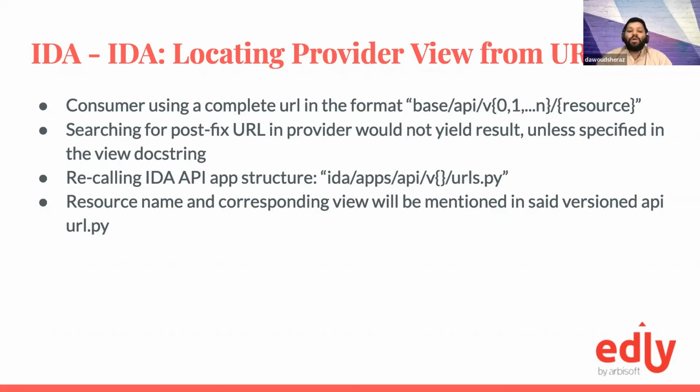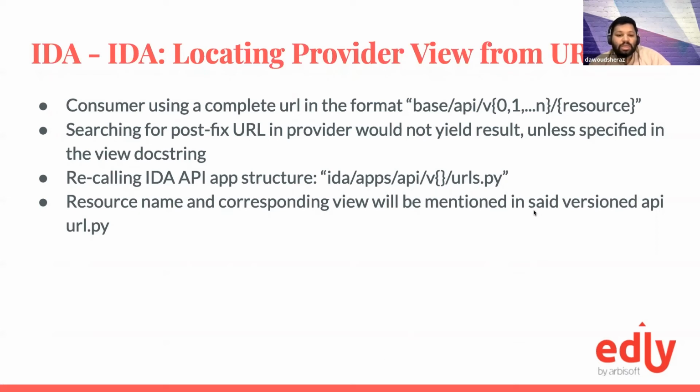So if we were to search the URL that is used by the consumer within the provider repository, we will not find the URL or the view easily because in the IDA app, the structure is broken down. So what we'll do is search the resource name from the complete URL, and that resource name will map to urls.py or views.py respectively.